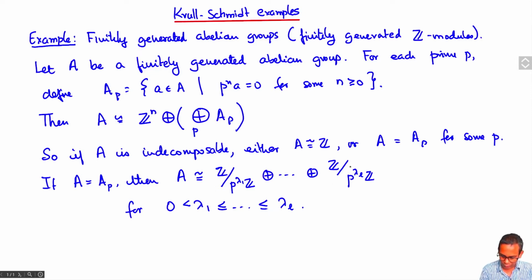Now, in this decomposition, the uniqueness of these integers lambda 1, lambda 2, lambda L can also be viewed as a consequence of the Krull-Schmidt theorem.